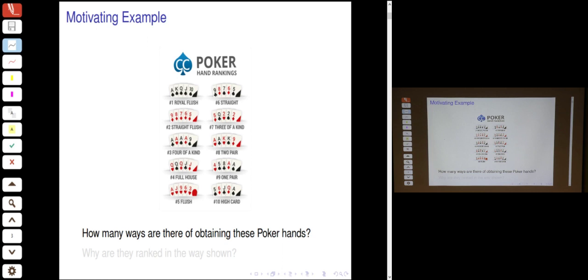Now we want to count how many ways there are to get a certain pattern. For example, let's look at 3 of a kind. You may have three 2s, or three kings, or three tens. So there are lots of different ways of getting 3 of a kind. We want to count how many ways there are to get these.